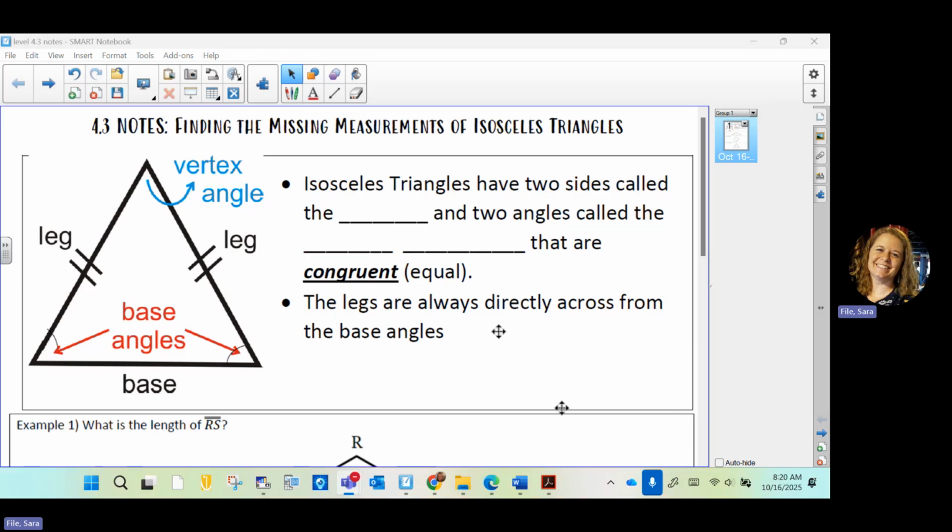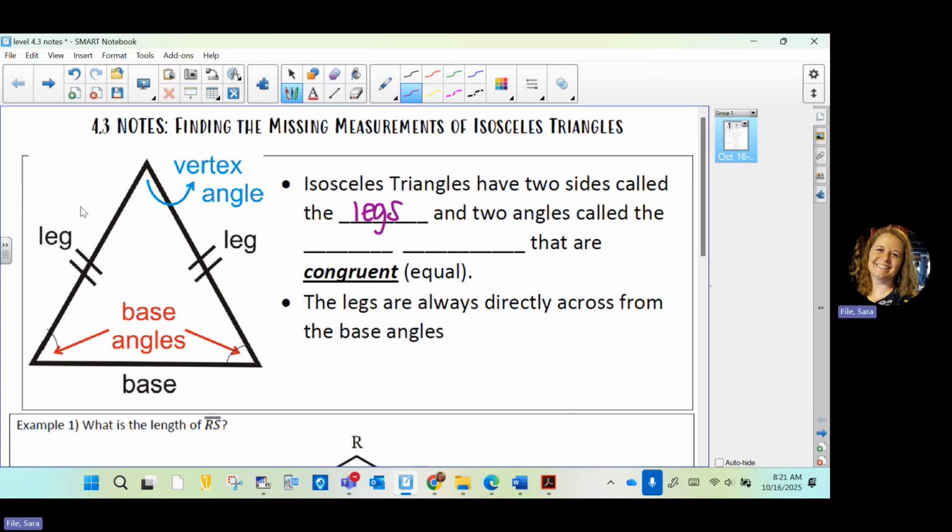And then in the practice for 4.2, the examples where we were working to find missing angles, I think there was one that was isosceles, but we want to make sure we understand all the details of isosceles triangles and are able to work with those and understand the markings and what they all mean when you're solving for missing pieces. Okay, so isosceles triangles, we said, have two sides that are congruent that are called the legs.